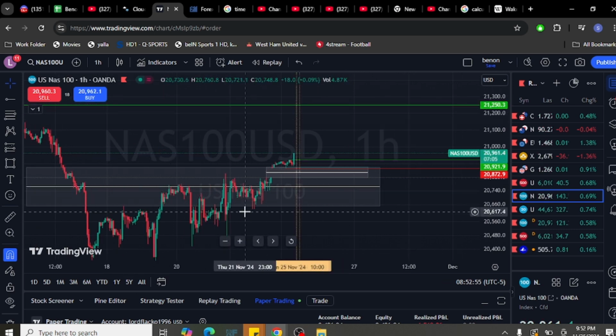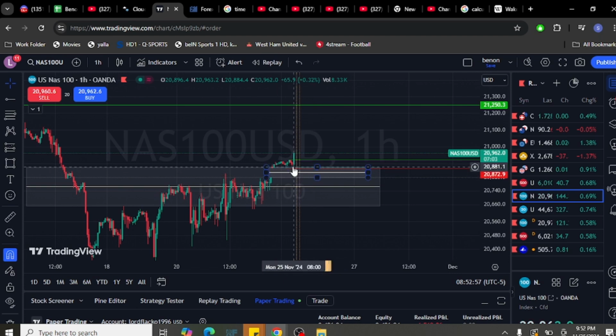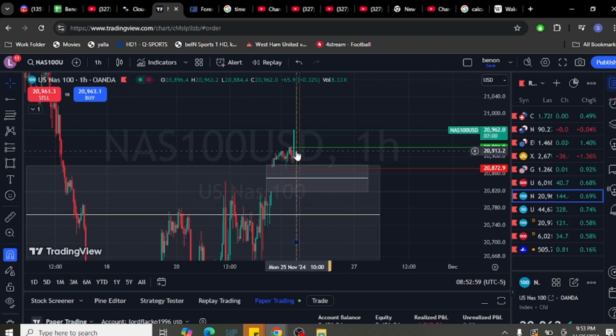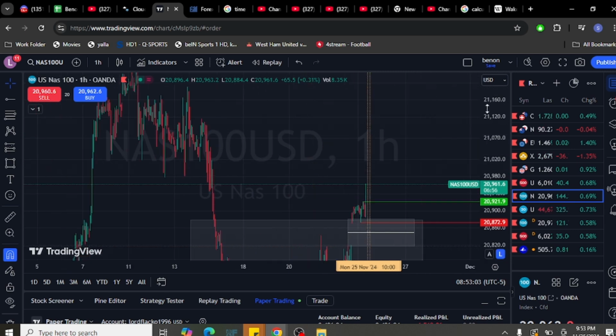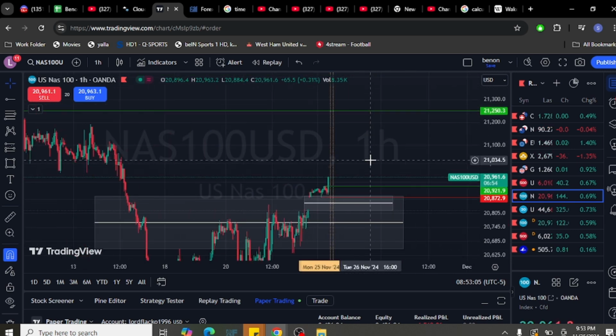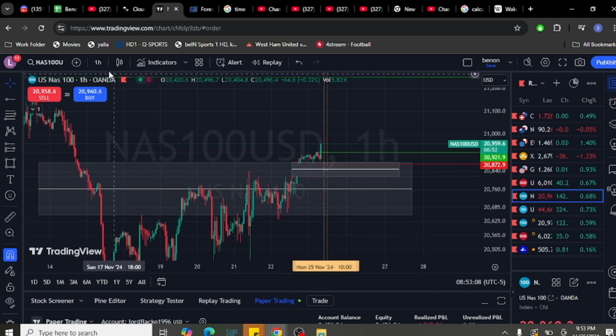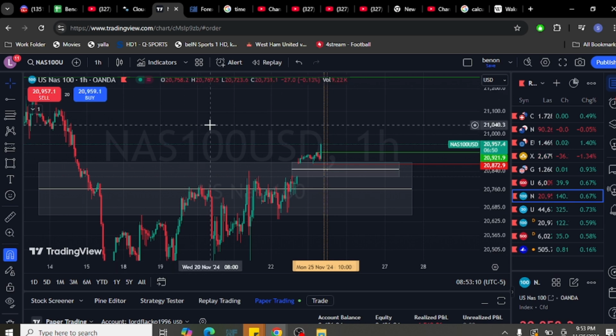Now that we're trying to put up these highs, this is an OB, so I'll be looking for highs along this session. So that will be it. Let's see how it plays out.